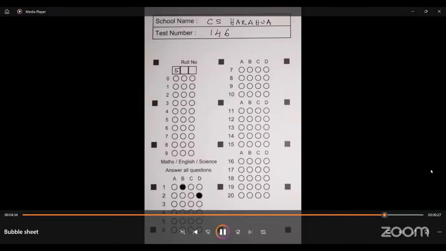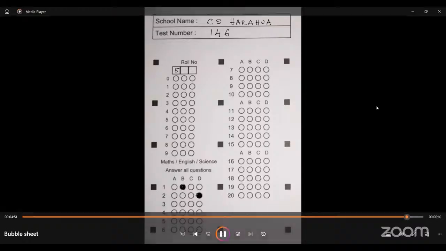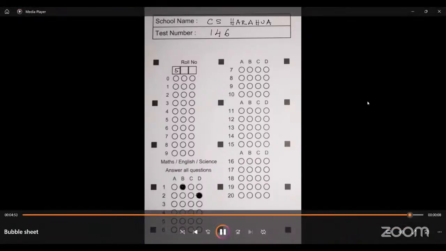Do not crumple this paper. This is very, very important. The paper should be clean. Do not write anything. Do not put any line anywhere. If any of these sheets have any lines or unwanted shading or unwanted names, that answer paper will be rejected.